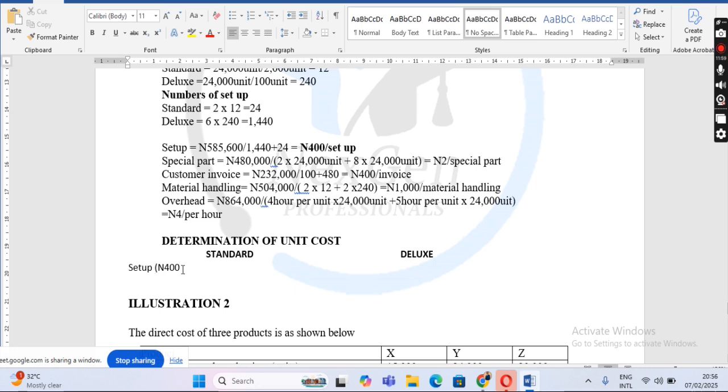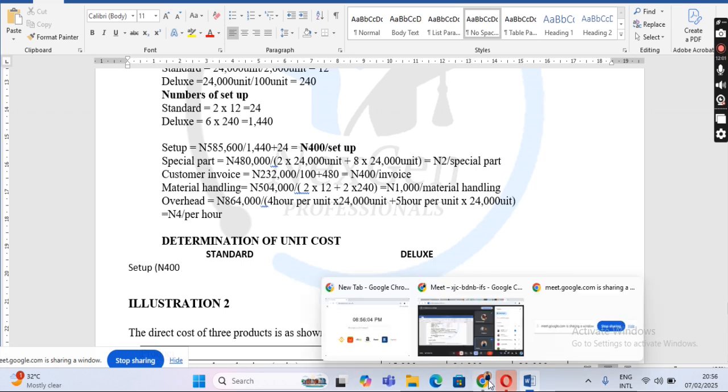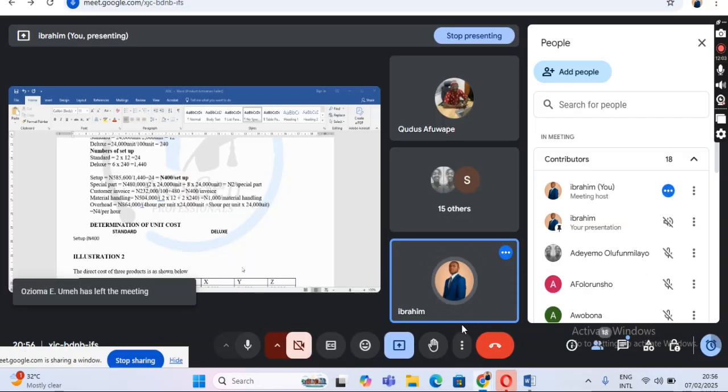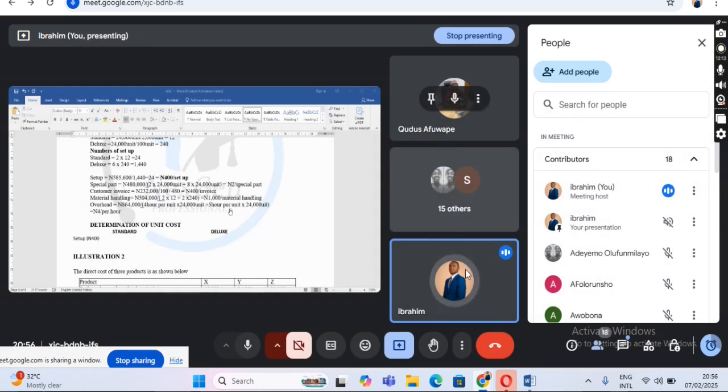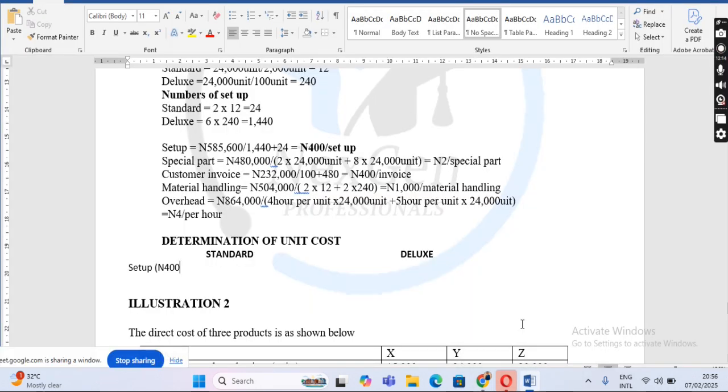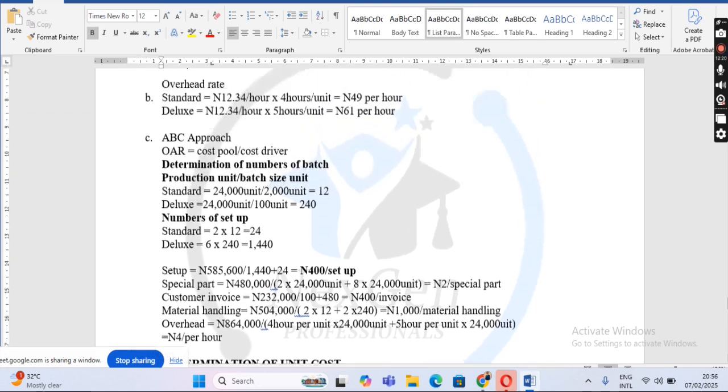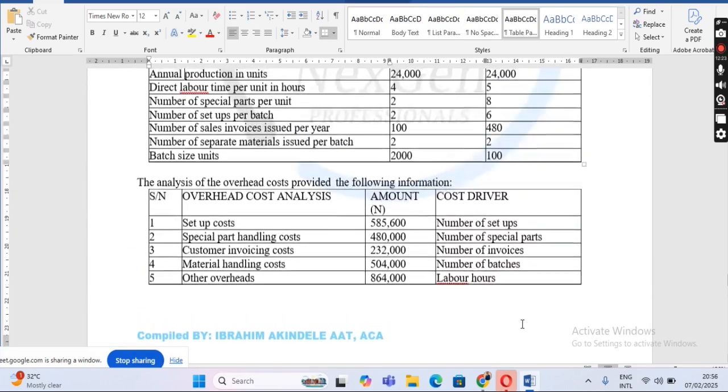Don't forget it is per setup, and that is what activity-based costing wants to do. Activity-based costing wants to know the cost of each of the setups. That is the reason why activity-based costing came into existence, to replace the absorption costing, which is the traditional approach. So you multiply by how many setups you have. Please screenshot it if you don't have.